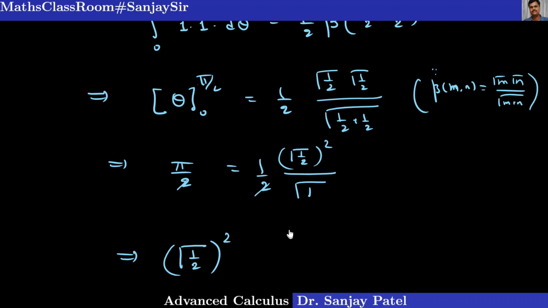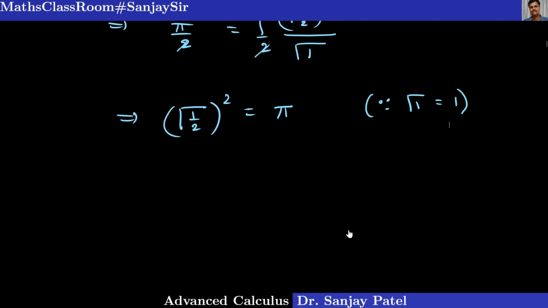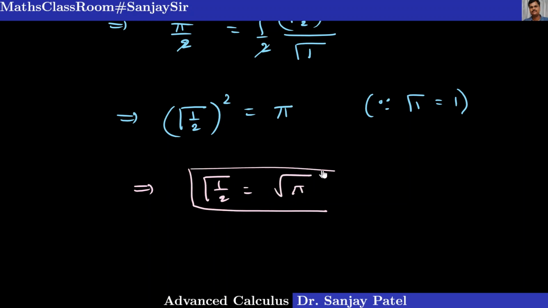And I will get gamma 1 by 2 squared is equal to pi, because the value of gamma 1 is 1. That gives the required result. So this implies gamma of 1 by 2 is equal to square root of pi. A very important value in mathematics, gamma 1 by 2, very useful.